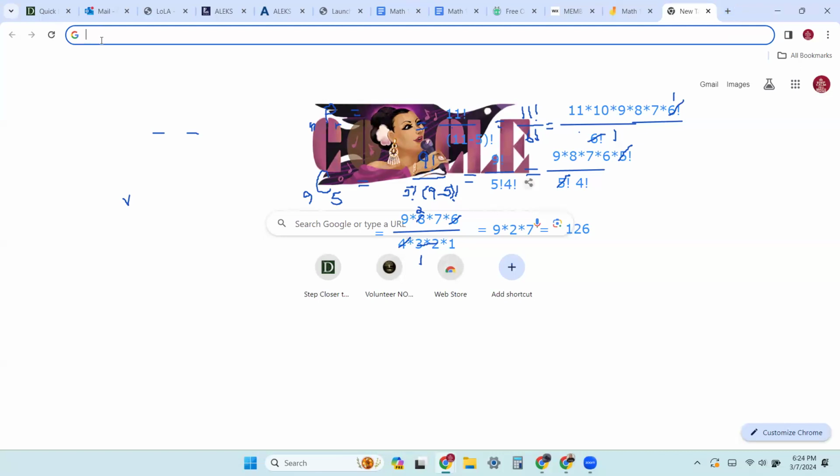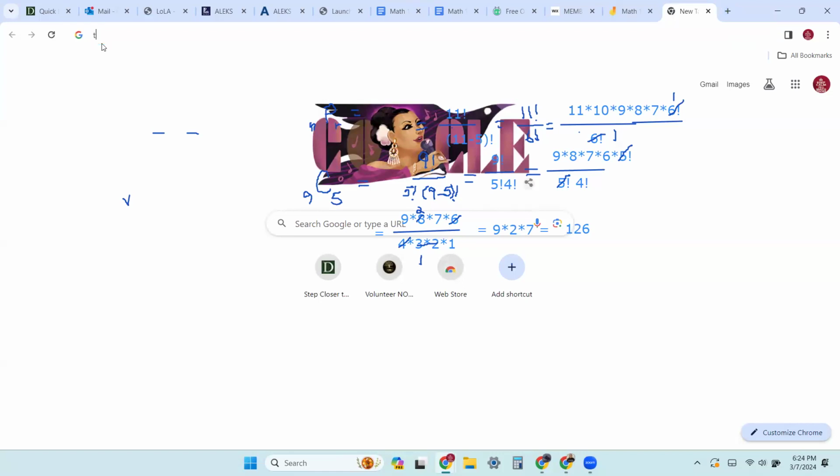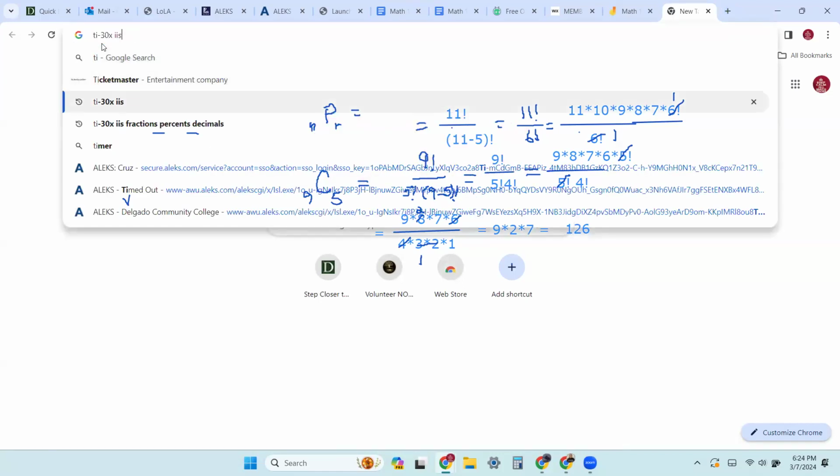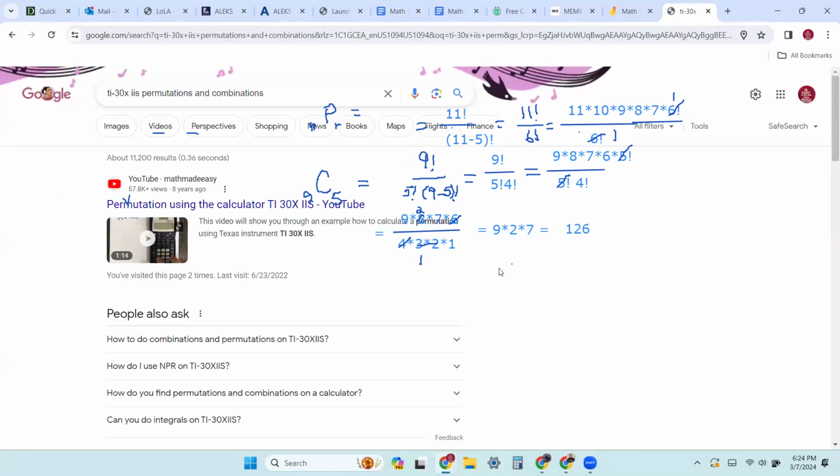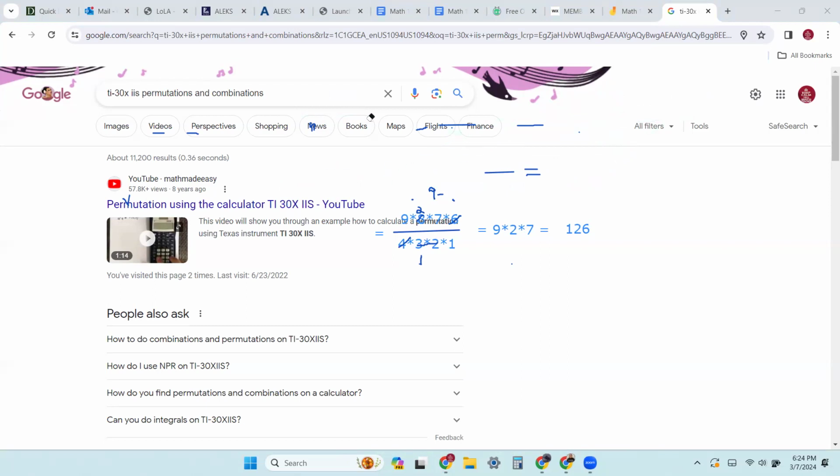Let's see if I can find it for you to show you. It should always be on the calculator. This is the one time it's not on there, and that's when they're wanting you to do it by hand.